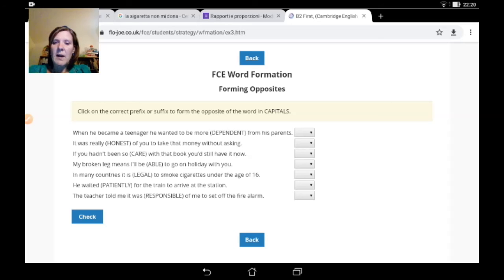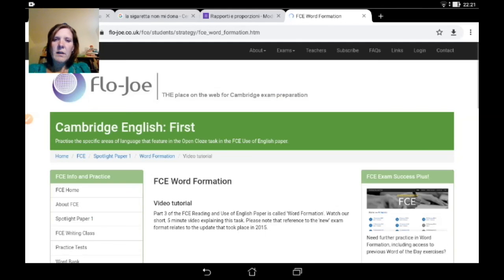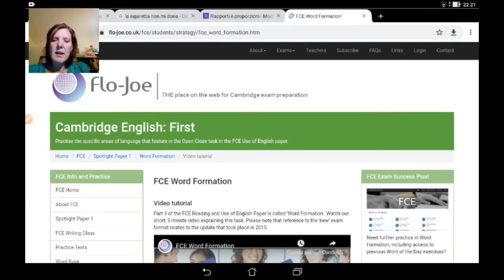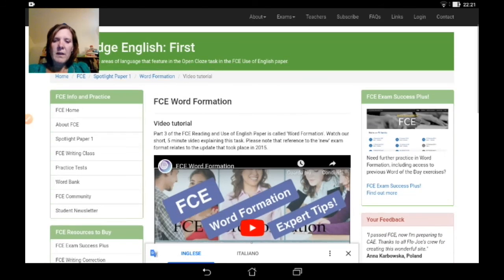Okay, so different things that you have to do. It gives you all the different possible prefixes or suffixes to make the opposite, and you choose the correct one. Okay, some of them quite easy, you know already, some may be a bit more difficult. So if we go back again there, it seems there's a video as well that I didn't know about this video.